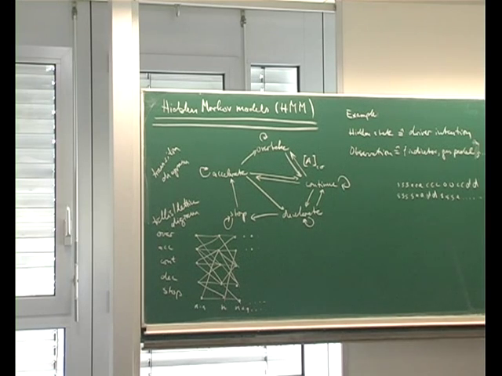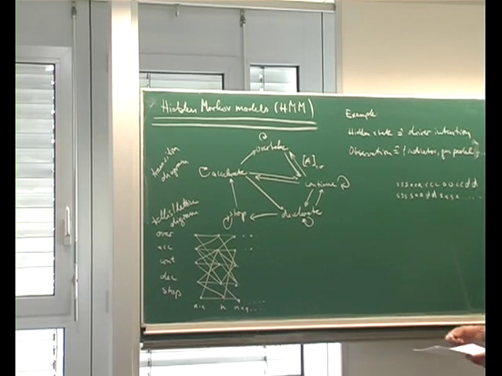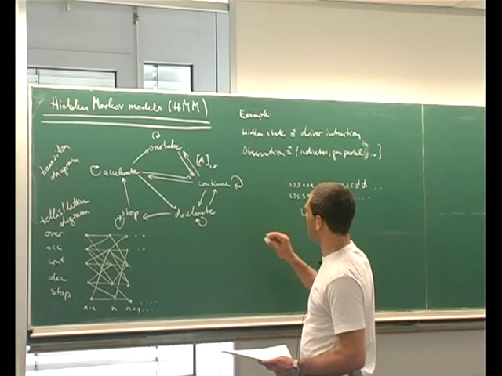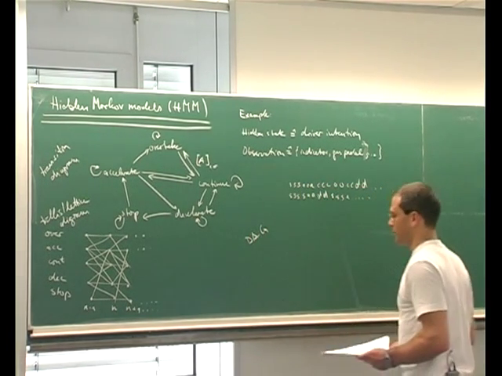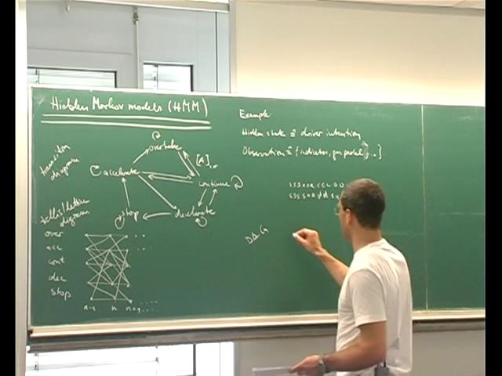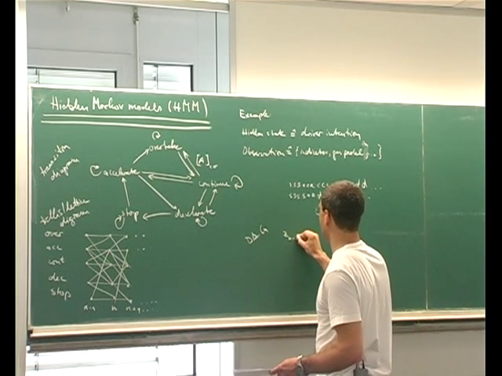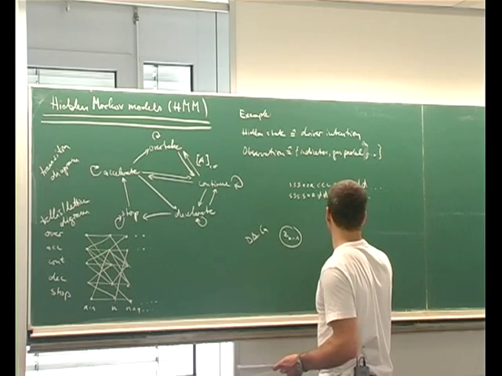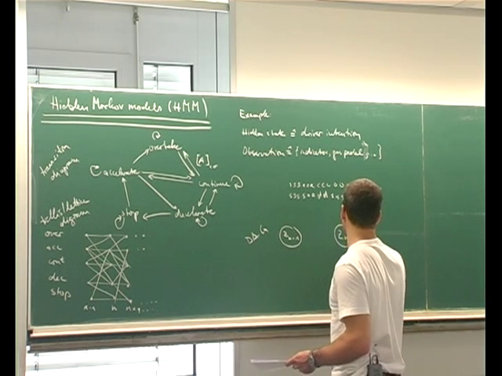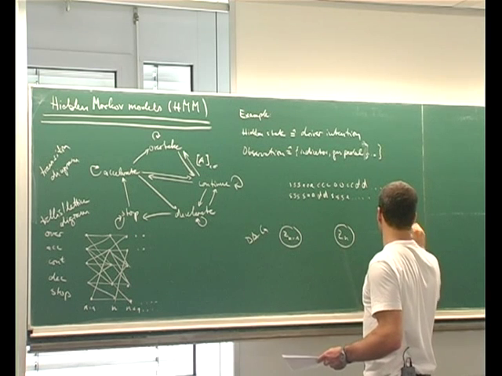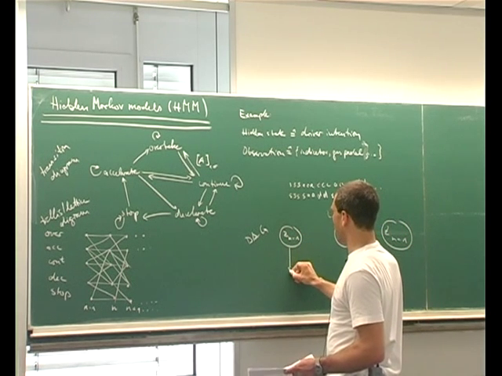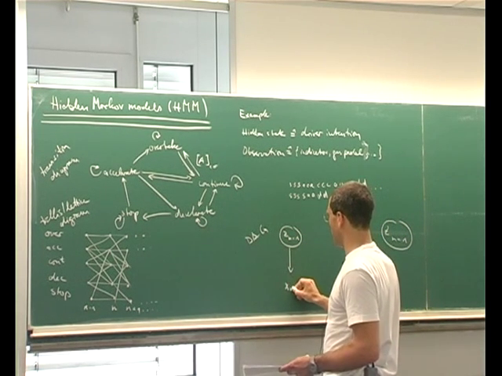Now, a third representation of the same is in terms of a directed acyclic graph, where I have a hidden state, which are emitting observations.